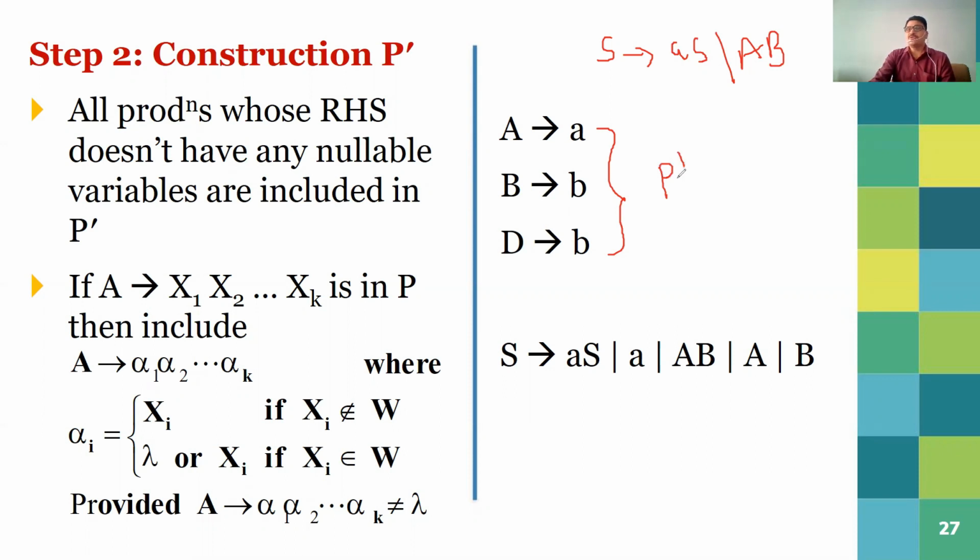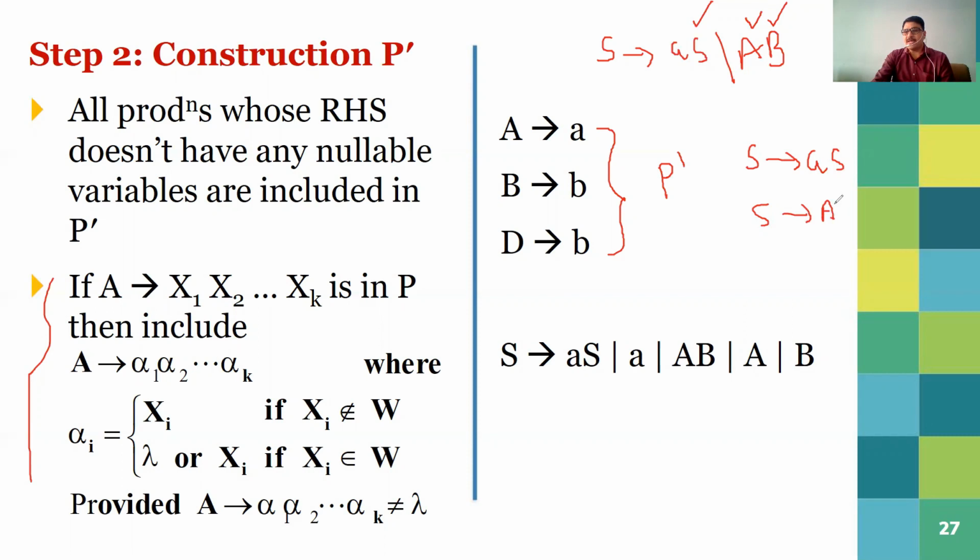Now we have to apply this step on the start symbol S, because in this case S, A and B are the nullable variables and all the variables are present in the right hand side. So S → AS is a production, and another production is S → AB.